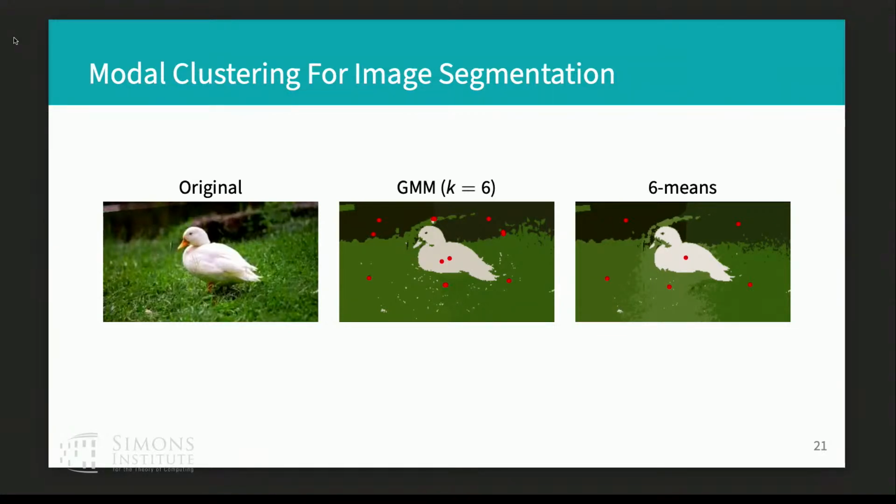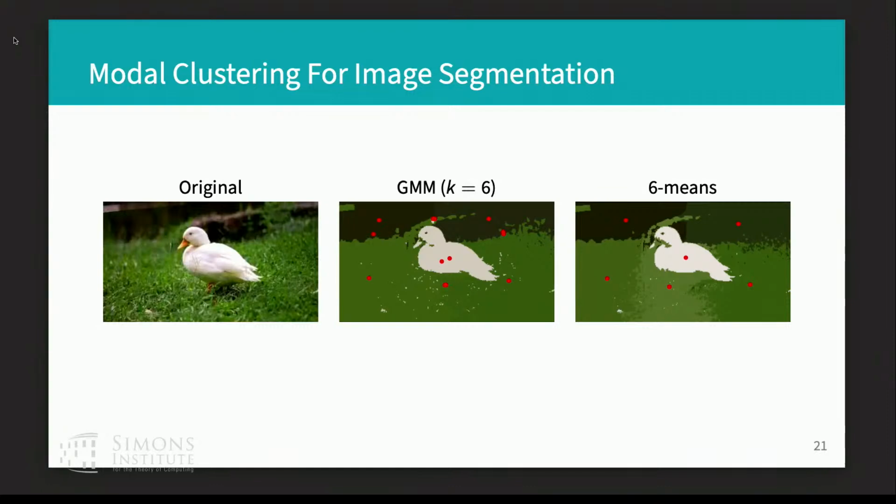We are just missing the color of the modes, but the color of the modes is actually what you see in the picture. If you take each point and map it into the mode that it converges to, then you color this image. The first thing you see is that you have many more modes than components, and you can capture some nuance.